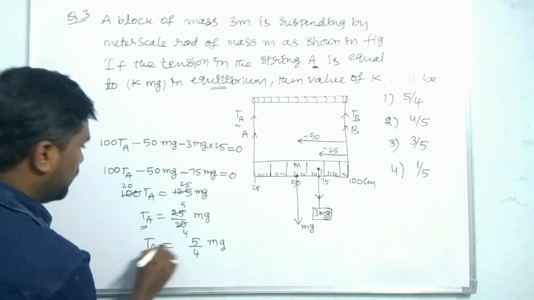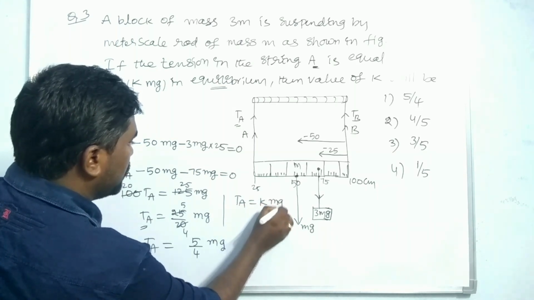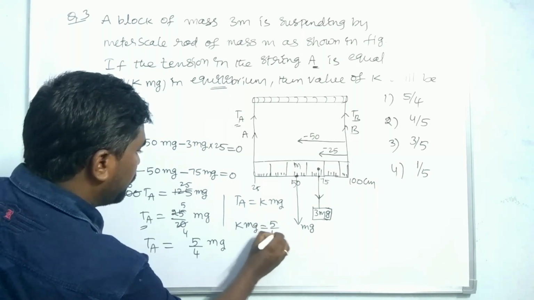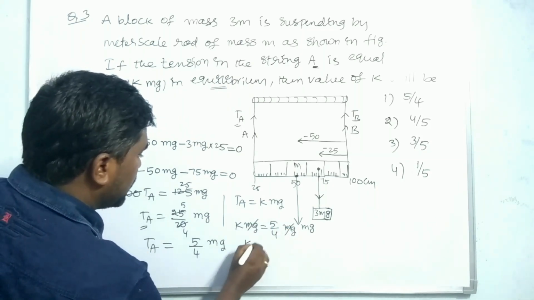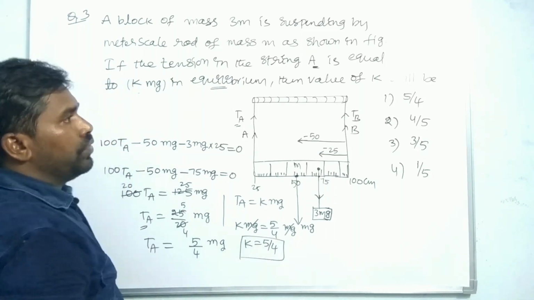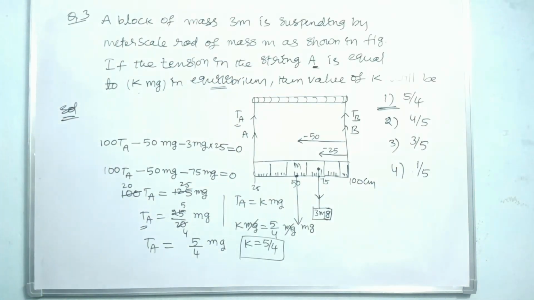This is the TA, but actually TA is equal to k into mg. So k into mg is equal to 5 by 4 into mg, where mg cancels out. k is equal to 5 by 4, so option 1 is the right answer.